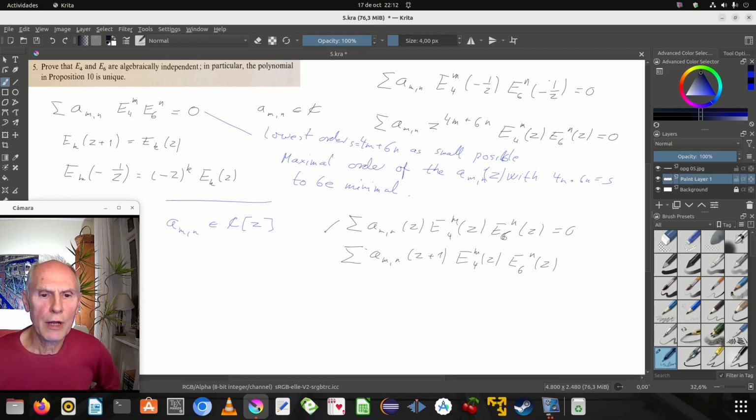And now these polynomials, not all, but for given m and n, they have the same order.